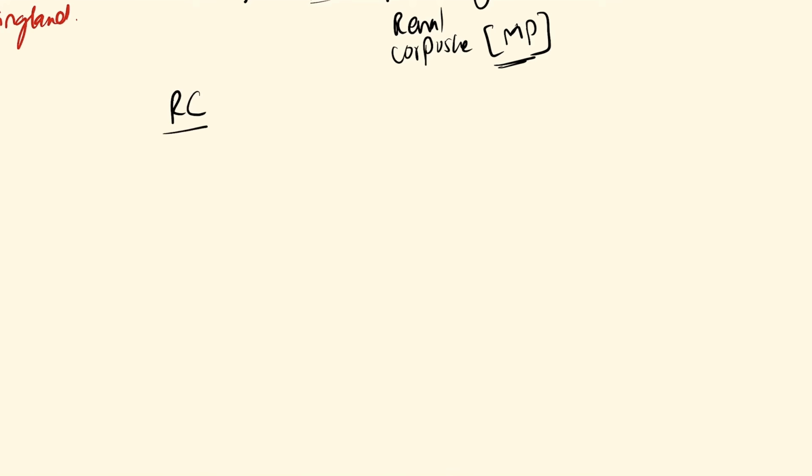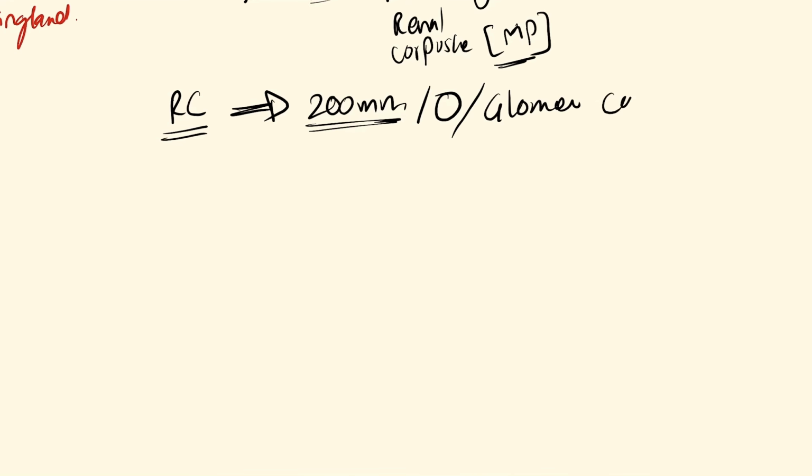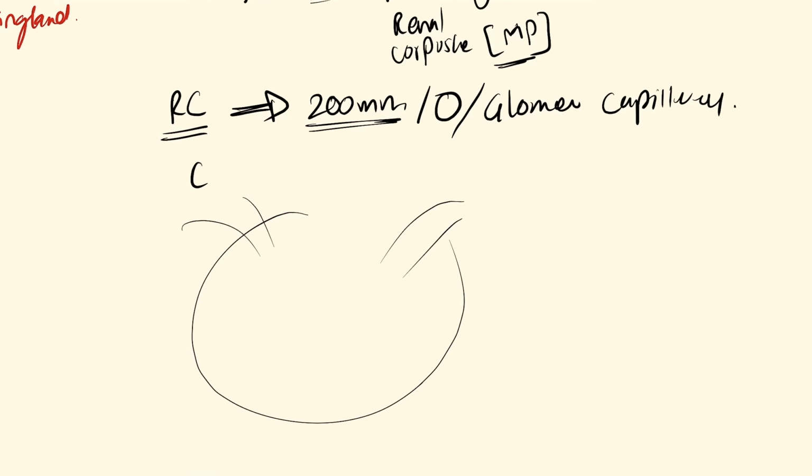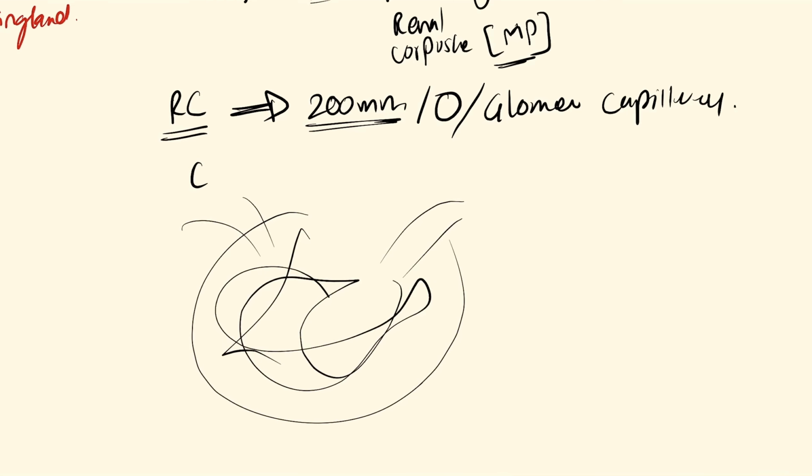So the renal corpuscle has a diameter of 200 micrometers, nothing more than that, and it is spherical in shape. There is presence of glomerular capillary and a capillary tuft. As I told you, the afferent vessel comes in, and then there are a lot of capillaries.